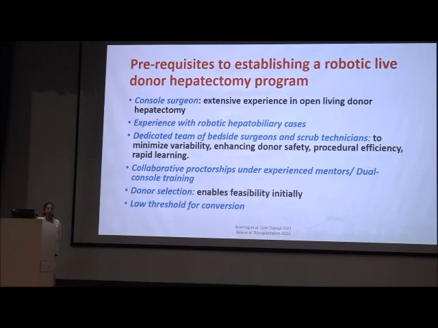However, what is not clear is who is the ideal proctor who can offer mentorship. Next, as with any procedure in the beginning, donor selection should be restricted to patients with favorable anatomy so that you can ensure feasibility. And there should be a low threshold for conversion, or as suggested by Professor Rela's group, a time-bound conversion in your initial cases may be useful.